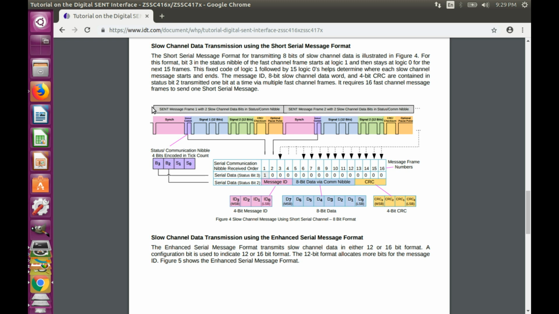What can we use the slow channel for? Well, we can use it for values that do not change fast over time, such as temperature or atmospheric pressure. It can also be used to transmit the serial number of the sensor, or even some sort of rolling code that is known only to the sensor and the receiving microcontroller.